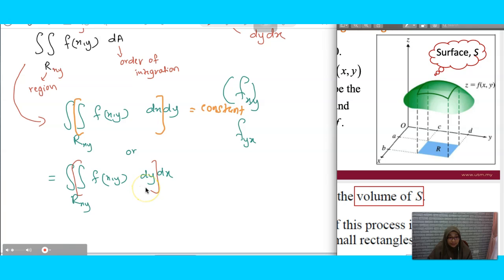After you obtain that, we integrate with respect to x, replace the value of x, and finally your answer should be a constant. So that is the process, the steps for the double integral.